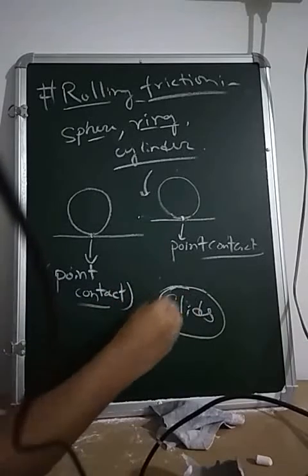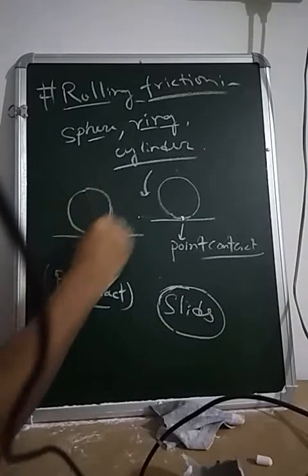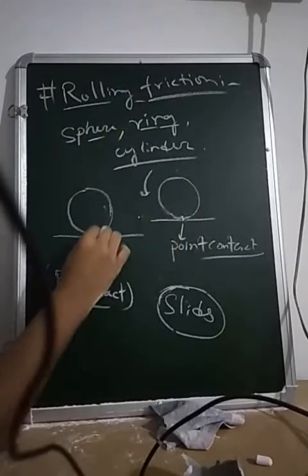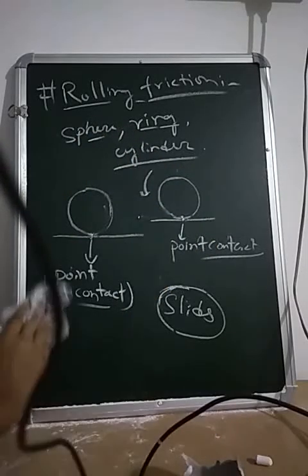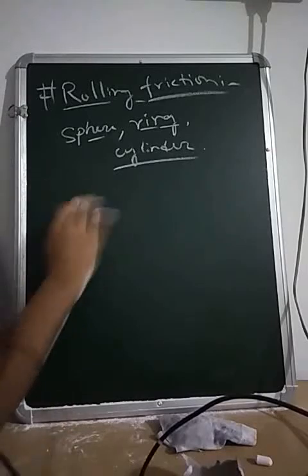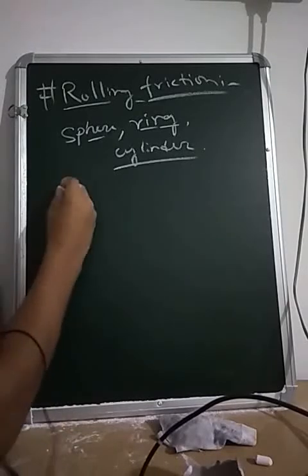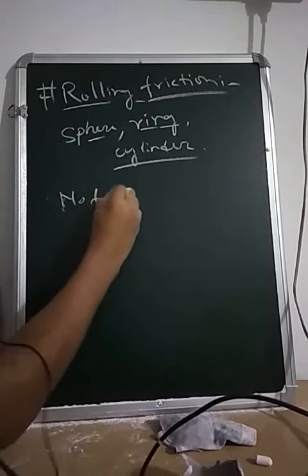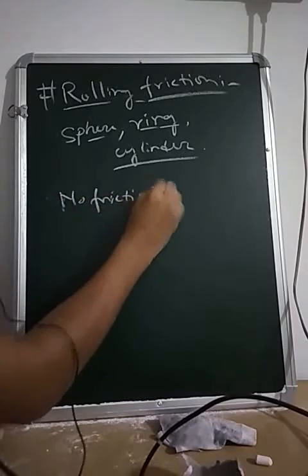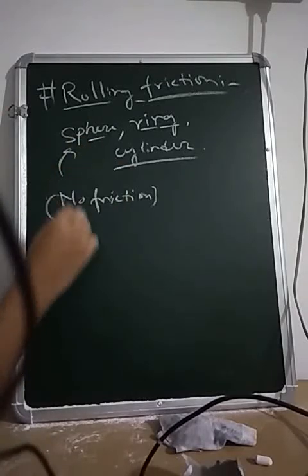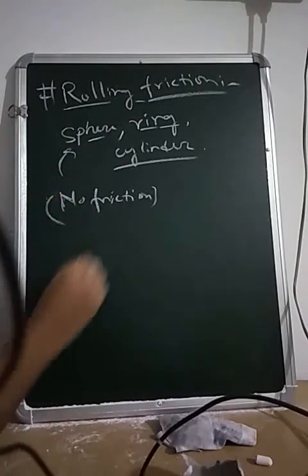But in the case of a sphere, ring and cylinder, there is only point contact. So according to our previous definition, what should happen here? There should be no friction in this type of case.